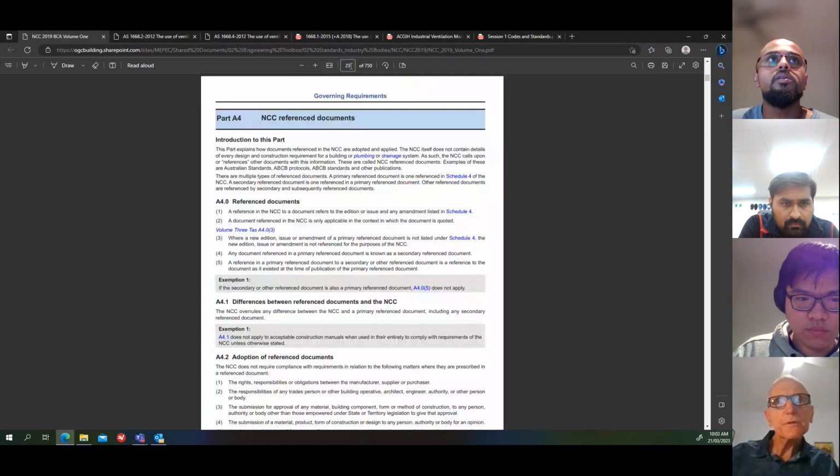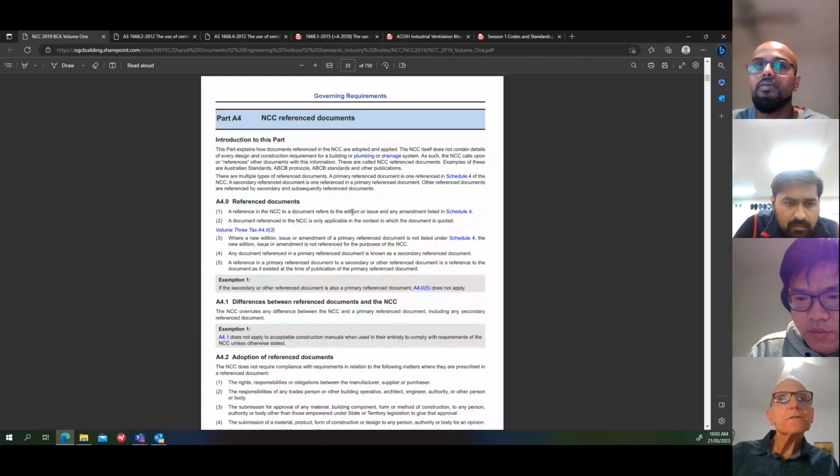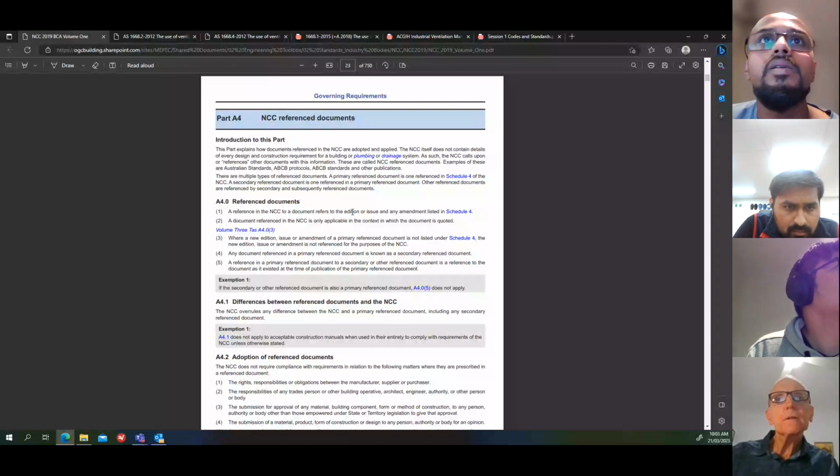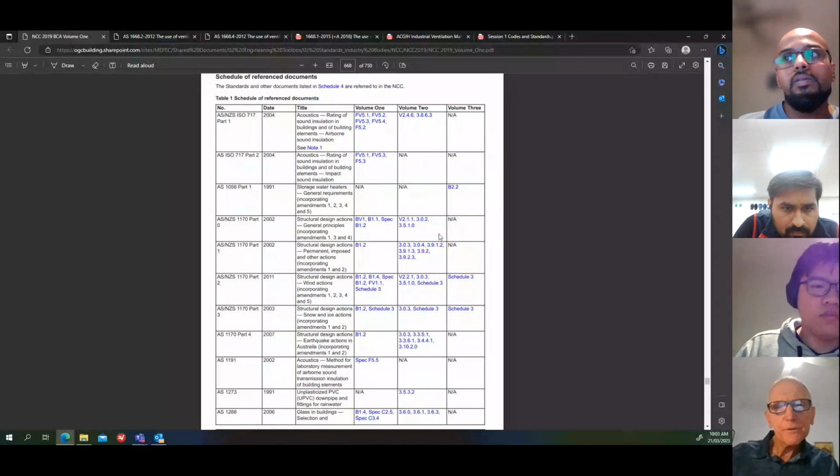NCC reference documents? Yep. All right. And you can see here under A4.0 reference documents, there's a link to Schedule 4. These words in blue, you can click on those and it'll take you there. So I'll click on that, and there are the reference documents.